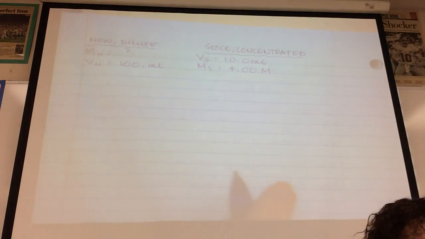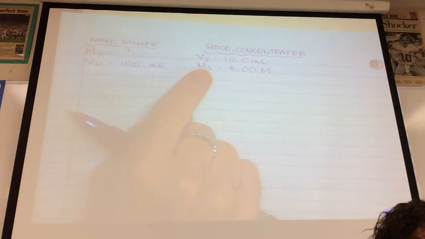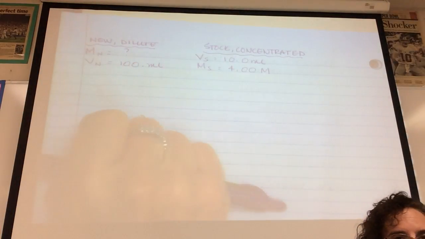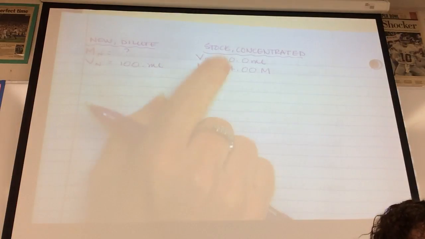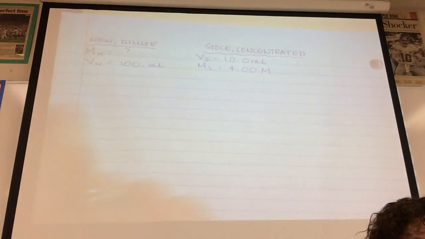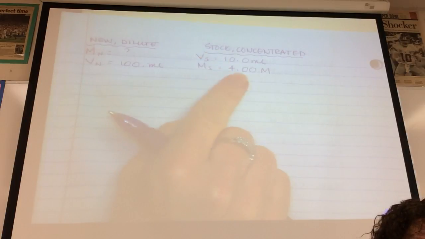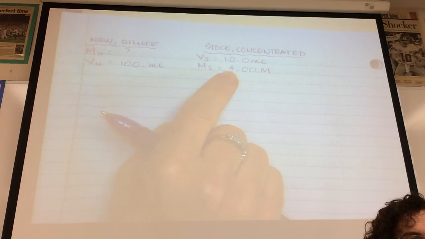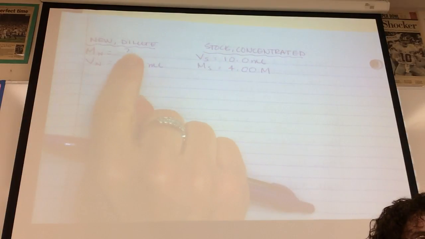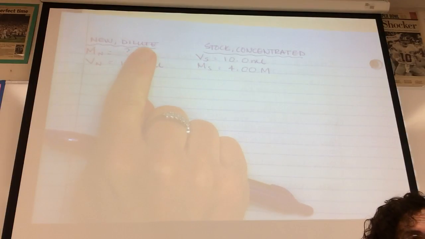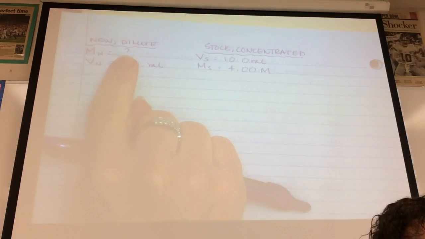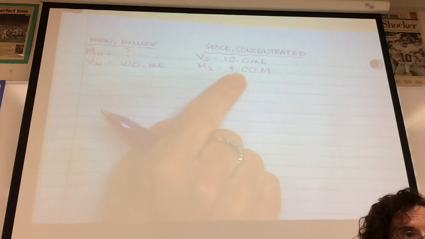What's going to have a higher concentration, the stock solution or the new solution? Has to be stock. The moles will be equal, but the stock solution has to be more concentrated because you're going to make a new solution that's more dilute. So we already established that a dilute solution will have a smaller concentration than a stock solution.